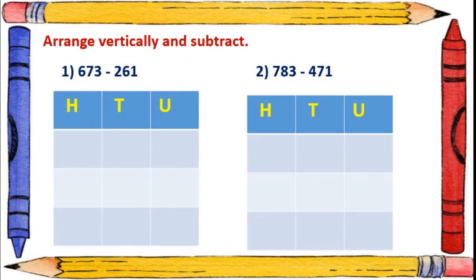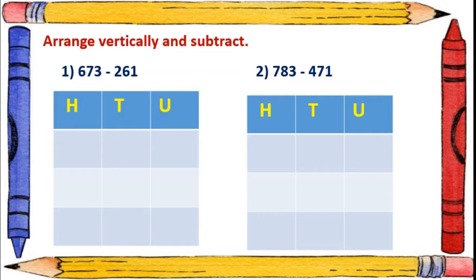Arrange vertically and subtract. Here two sums are given and tables are drawn. Now students, first we will write the given sum in vertical position. You know that vertical position means standing position. Okay, means one number will come below the other number. We will write the first one.